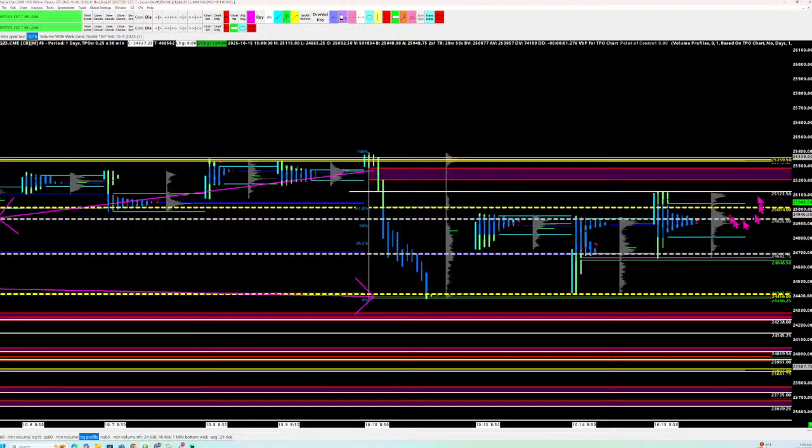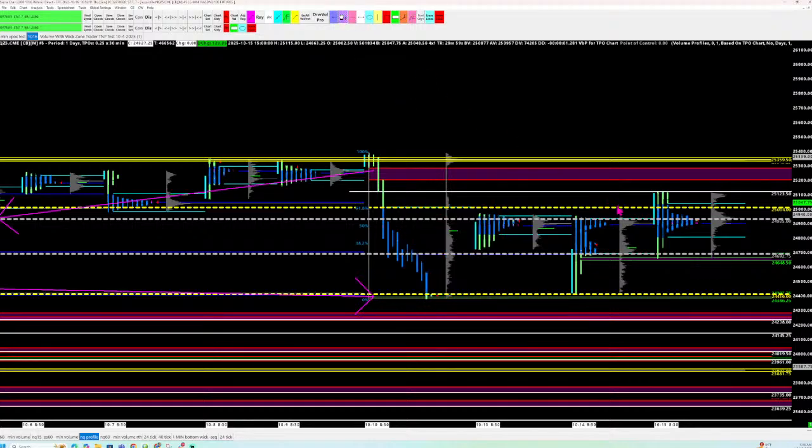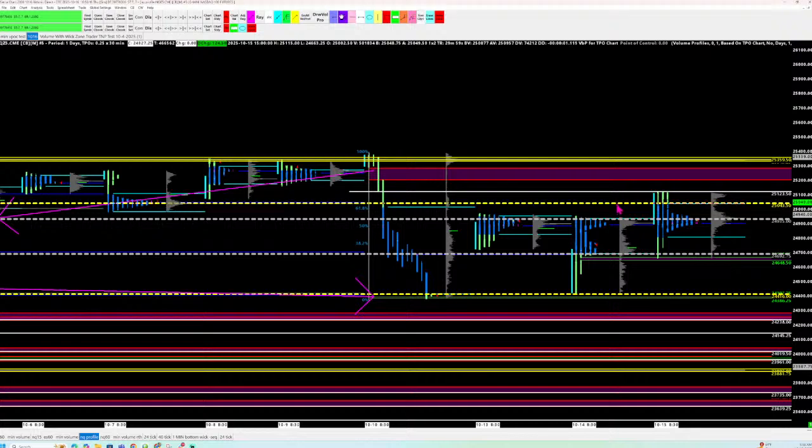For two, we need to move the value area. So I finally traded above value area high from this date. I'm going to remember where that is, but I'm going to move this now because I traded above. I'm still inside, but my new value area that's important to me is going to shift to 250471.